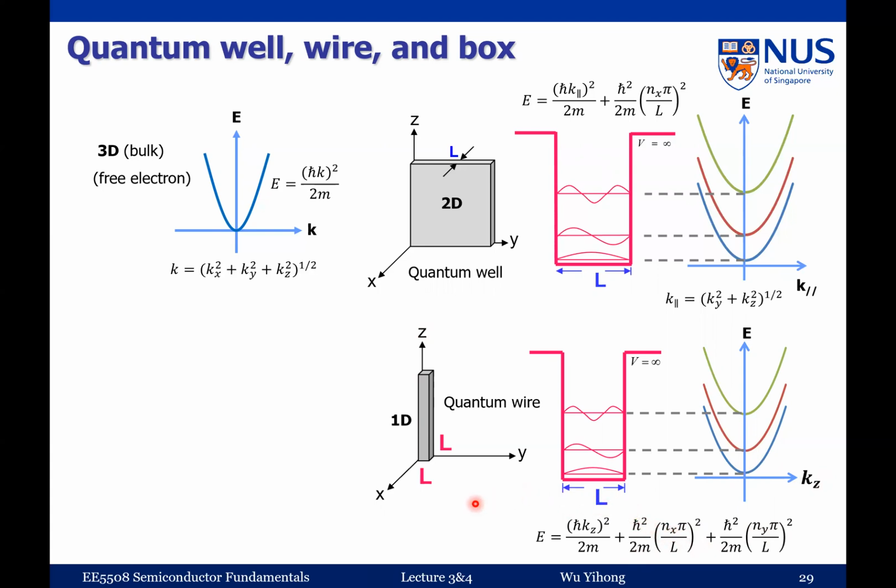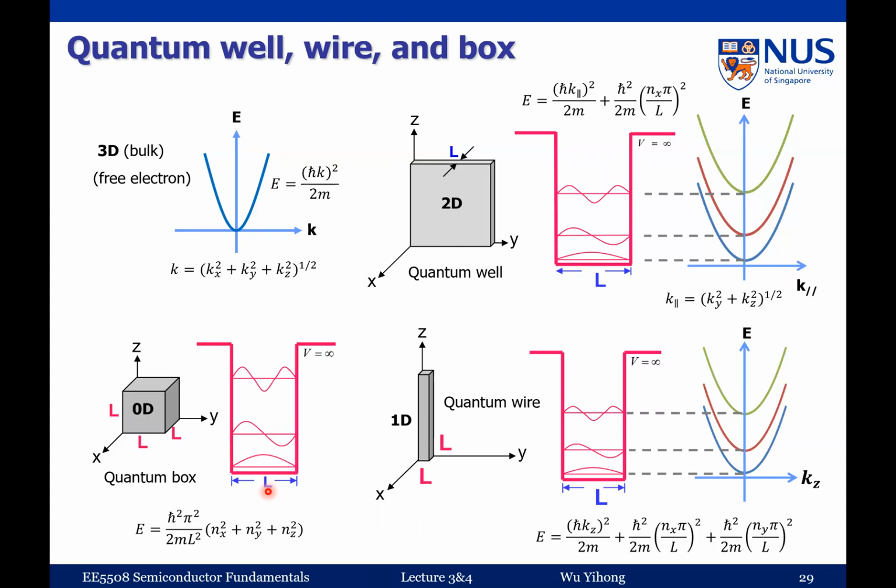And so you will have the concept of degeneracy. This means that a certain energy band, for example this one, is degenerate. This means that you have two states for the electron. Of course, the two states have different wave functions, but the energy is the same, right? And then if you confine further from the z direction, you have a perfect confinement. It's similar to electrons in the atom.